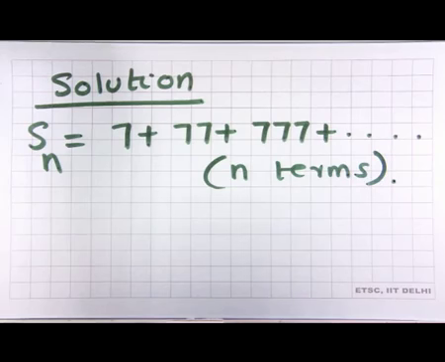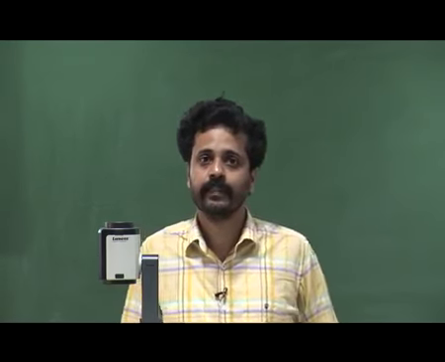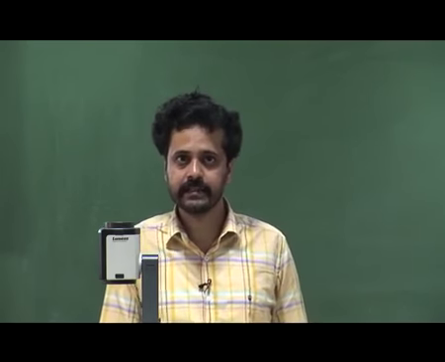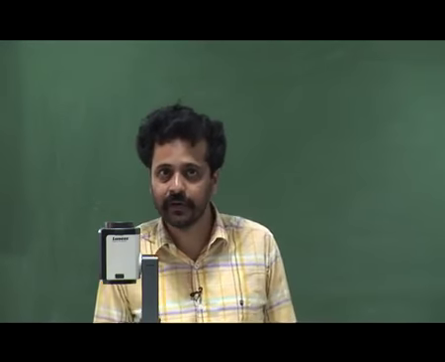Seven plus 77 plus 777 plus etc. up to n terms. Remember, for an infinite sum, we need the notion of convergence, that is whether it is summable or not.